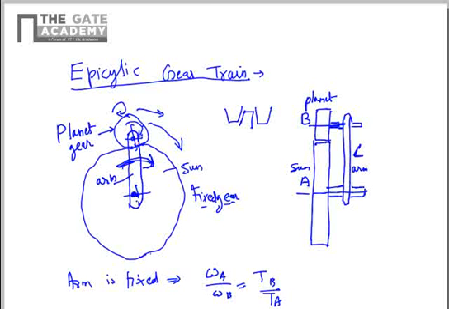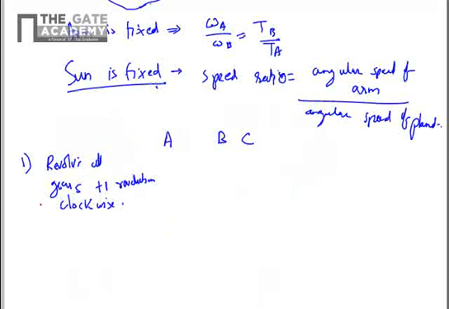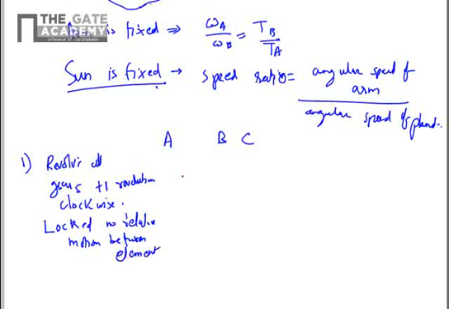All of them are rotated about the sun center and everything is locked. There is no relative motion. So revolve all gears plus 1 clockwise and locked. No relative motion between gears or arms. It's just like a rigid body, the whole thing is rotated plus 1 clockwise revolution. B also plus 1 and C also plus 1.